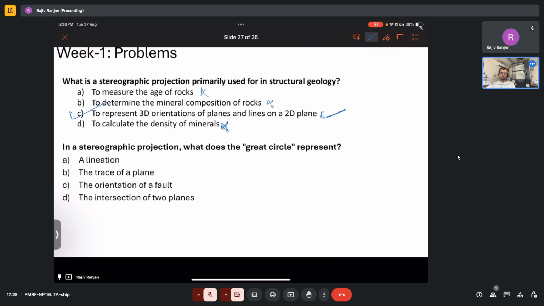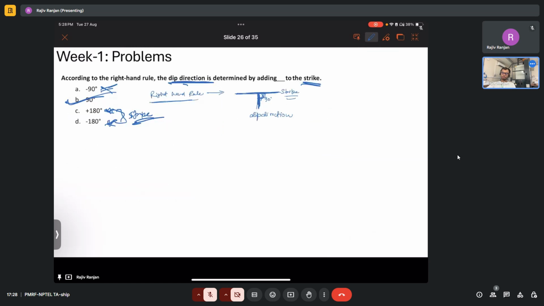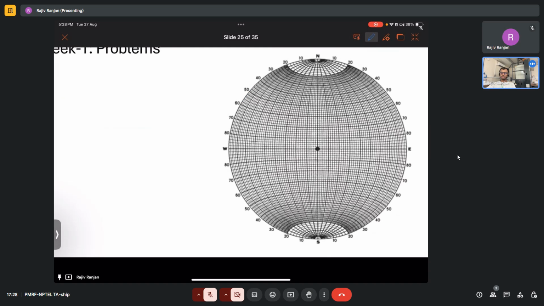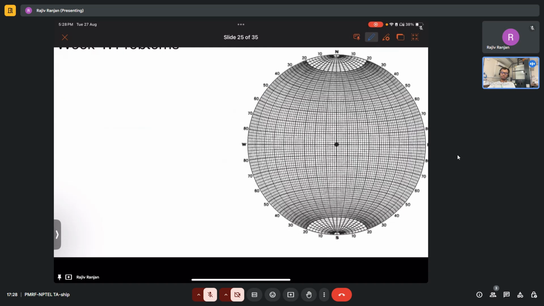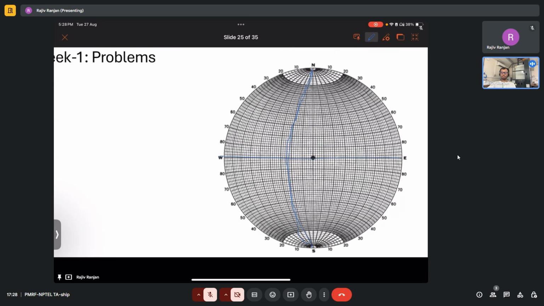In a stereographic projection, what does the great circle represent? Tell me. We saw this stereo projection. These are the longer circles, and this is the smaller circle. So what does this represent?